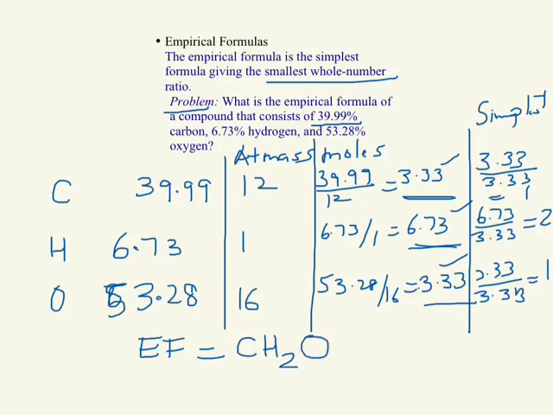One thing you have to keep in mind: at the very end, let's say it comes out 1 and 1.5, then you have to multiply both the numbers by 2 to change it to the empirical formula. But you do it only if your number in the very last column comes out 1.5.